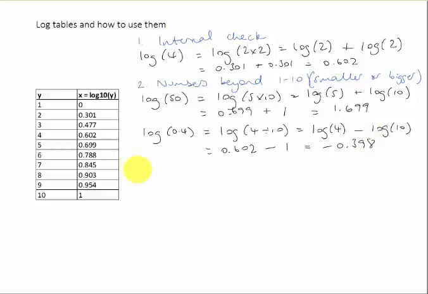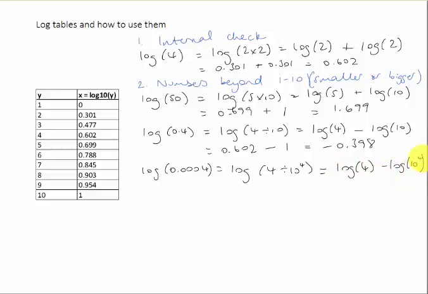And then how about the logarithm of 0.0004, a number that's much smaller? That is equal to 4 divided by 10 to the 4. So that's the log of 4 minus the log of 10 to the 4.